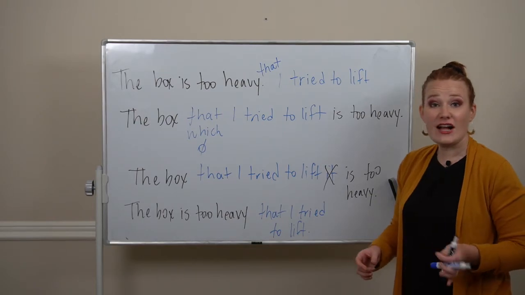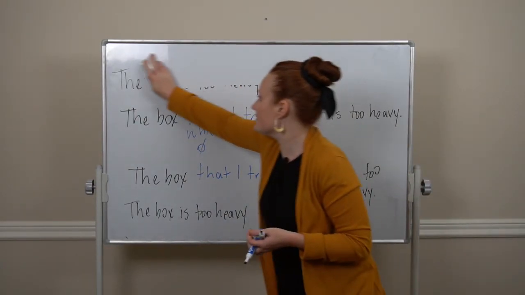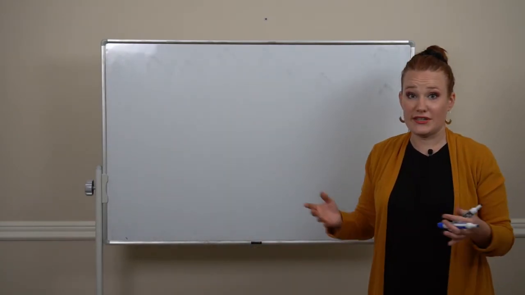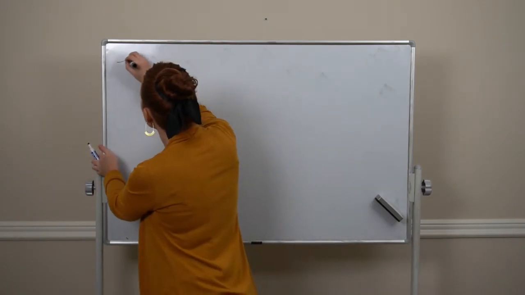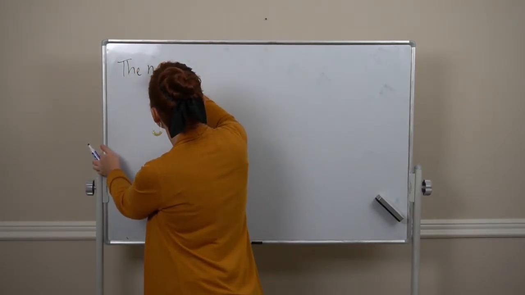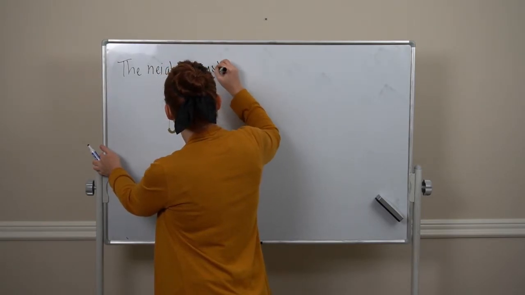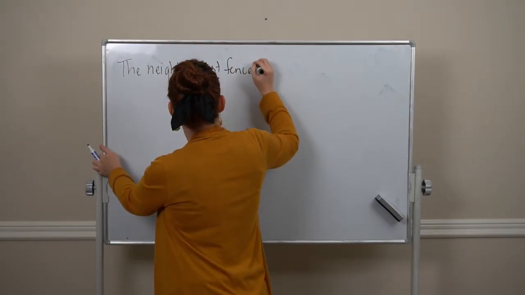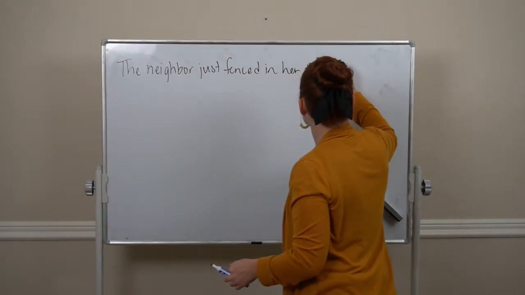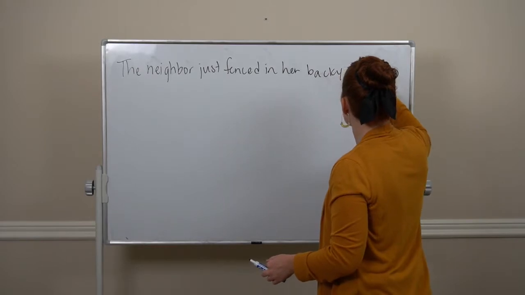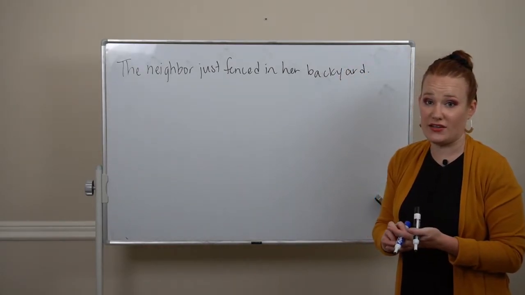All right, let's talk about people that we are using in a relative clause. All right, so again, we're going to start with two sentences. So first sentence, the neighbor just fenced in her backyard.